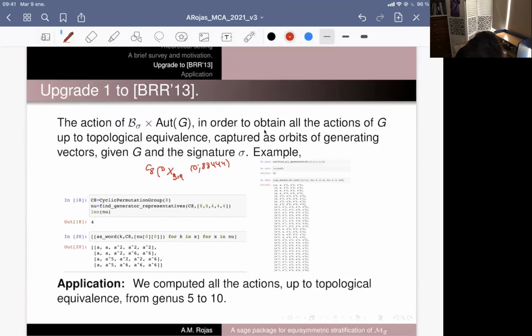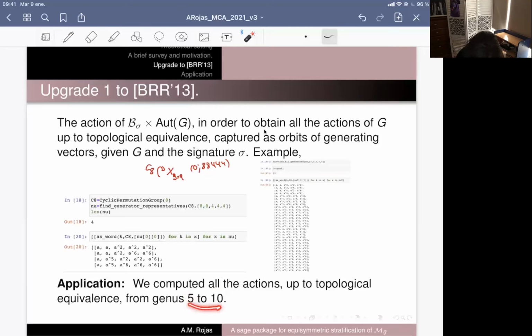Well, another application we did is that we computed all the actions up to topological equivalence from genus 5 to 10. As I said, Bartolini, Izquierdo, and Costa gave the classification of genus 4 and maybe 5. And then Broughton classified genus 2 and 3 before.